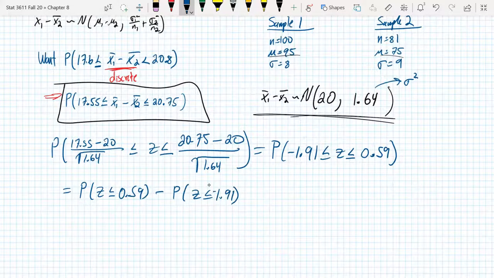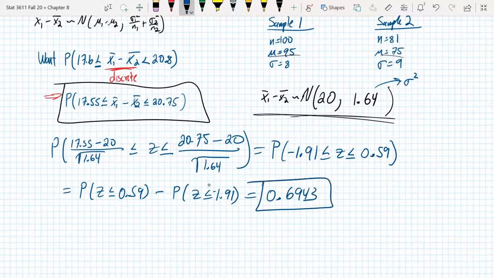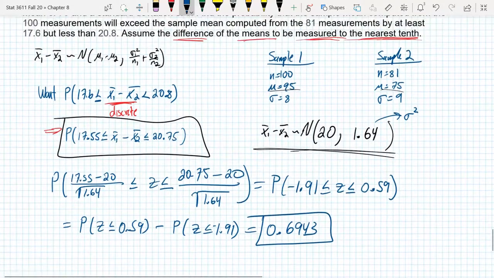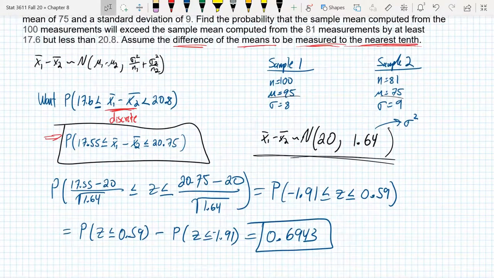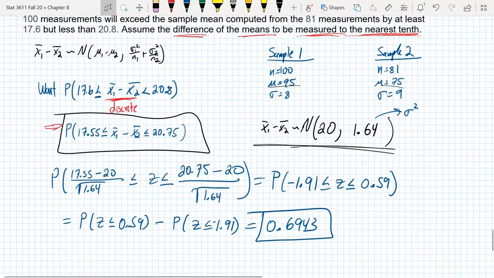We can look those values up in the table, which at this point should be pretty routine. I've got 0.6943. And that is how we can work to execute that.